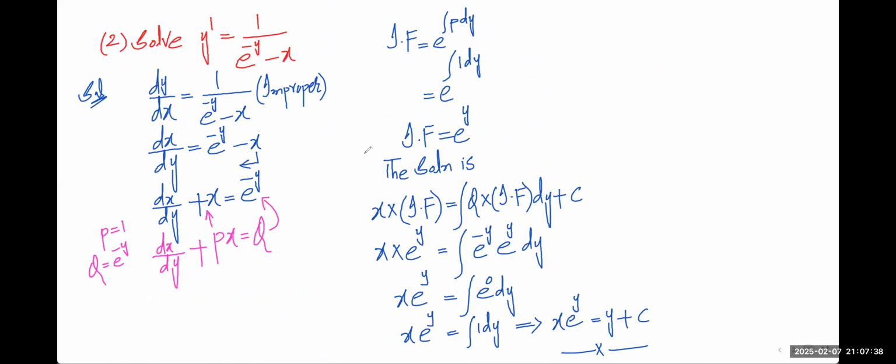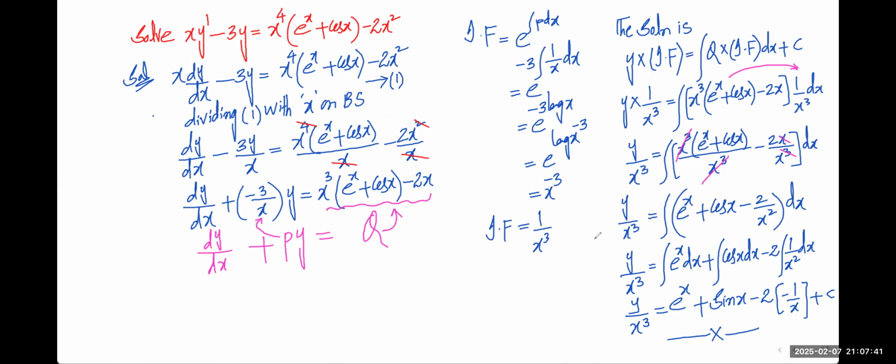Is it very necessary to divide by x? Like, we can't go by x power 4, we can't use it? No, we have to divide, that's compulsory. We have to convert into the standard form, so it should be x power 3 or x power 2, right? Which one are you asking? Yes, compulsory here. I don't want x here because in our standard form we don't have any x as the coefficient of dy by dx, so we have to divide by x, or whatever the term is.